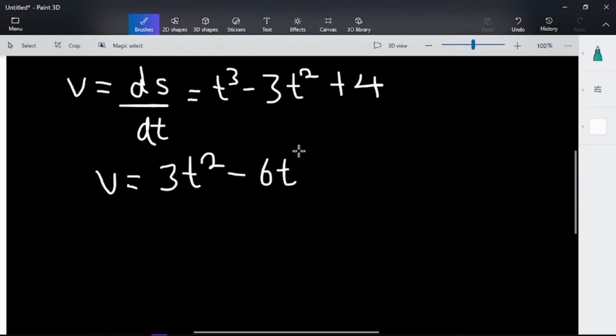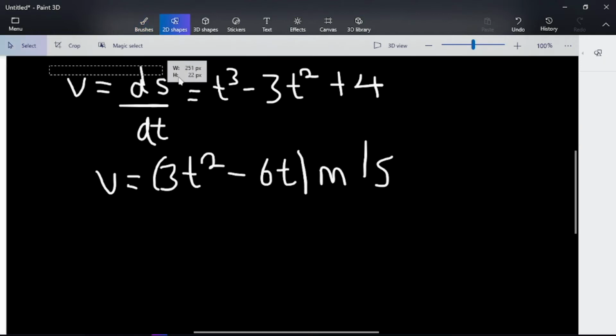So then this is what I get, and then this is all in meters per second. So now that I've obtained my velocity at the point, what I simply have to do is differentiate that to get my acceleration.